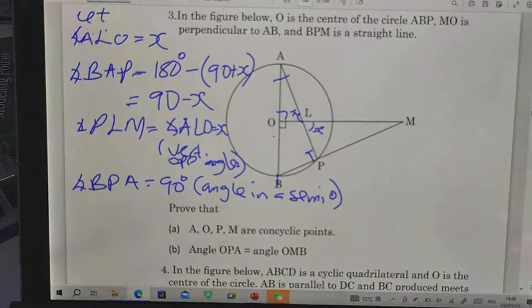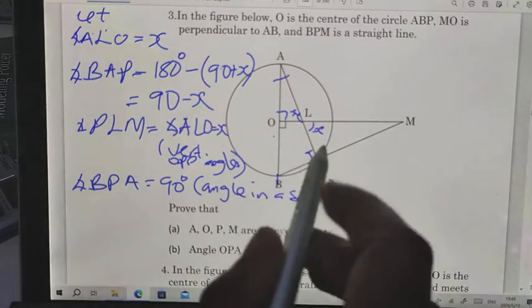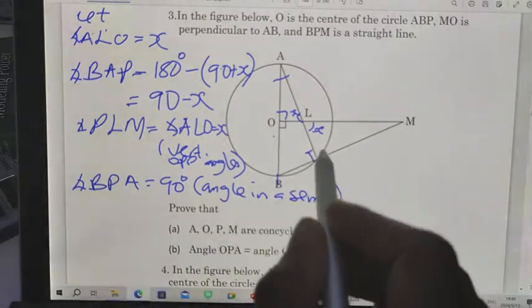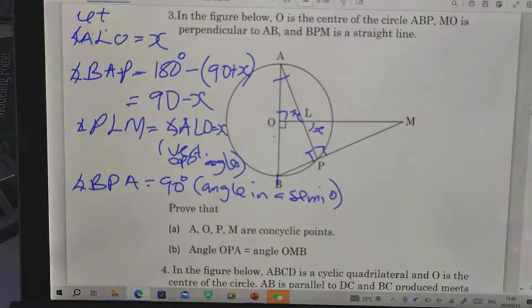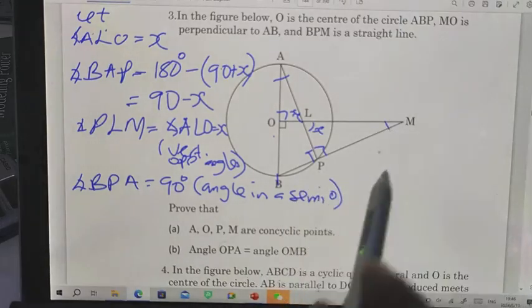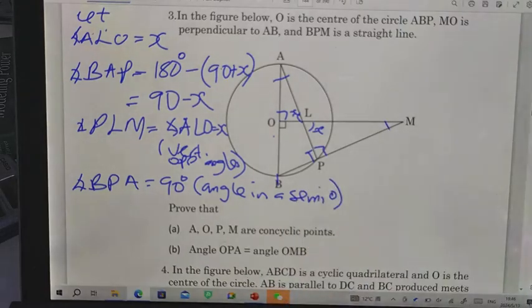So you know that angle is 90 degrees, which means it's obvious that one is as well 90 degrees. Reaching this far, we need to find this angle now.